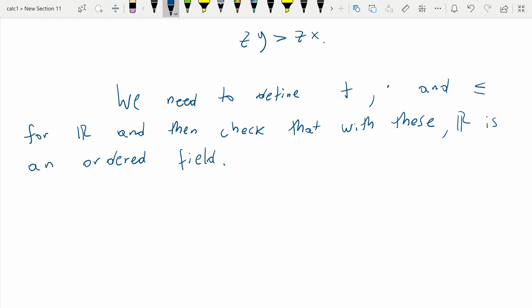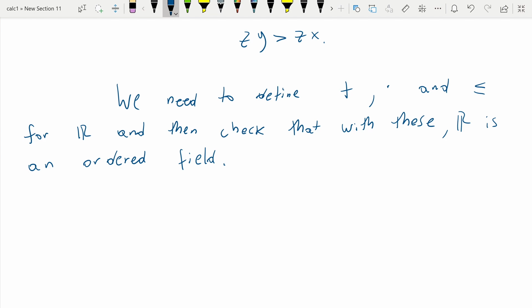Not only that, there's an extra step at the very end, and that is to check that with this definition of R, we can naturally identify Q with some of its elements, and for those elements the usual operations hold as well.